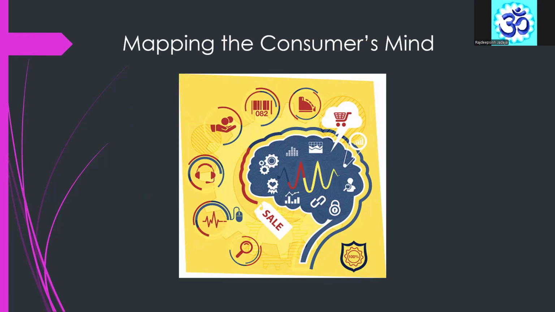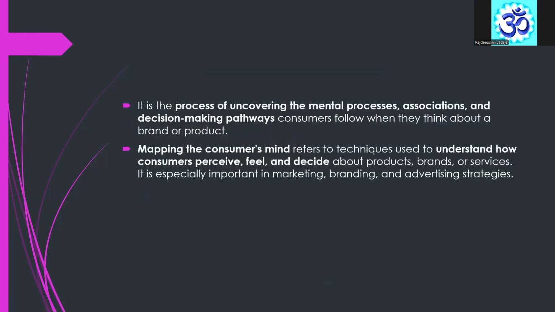Now, we are going to see how we can map the consumer's mind. So what is the mapping of the consumer's mind? It is the process of uncovering the mental processes, associations, and decision-making pathways consumers generally follow when they think about a brand or a product.